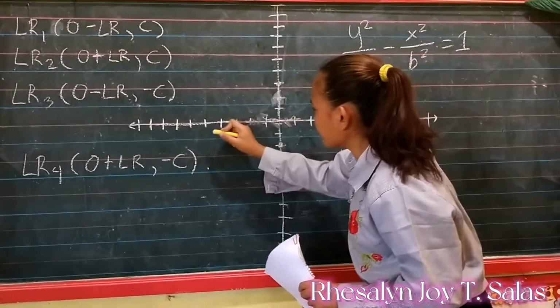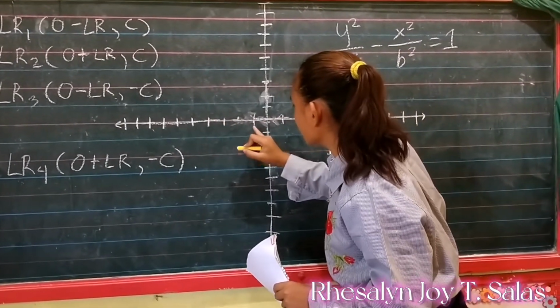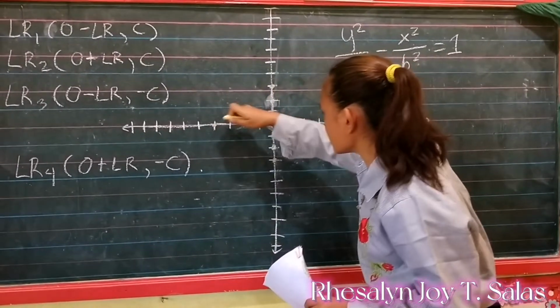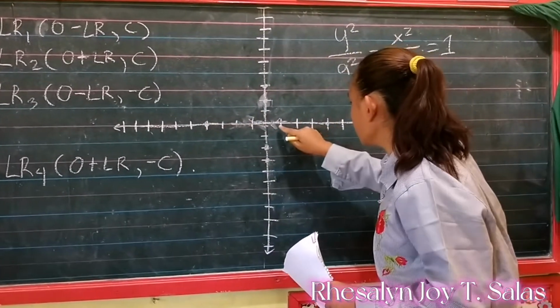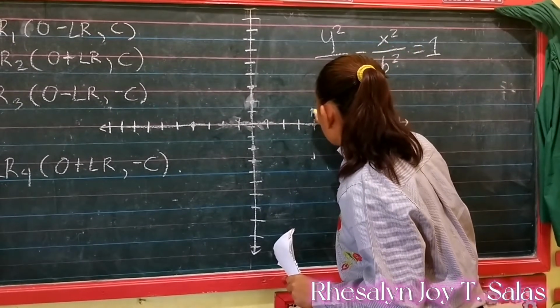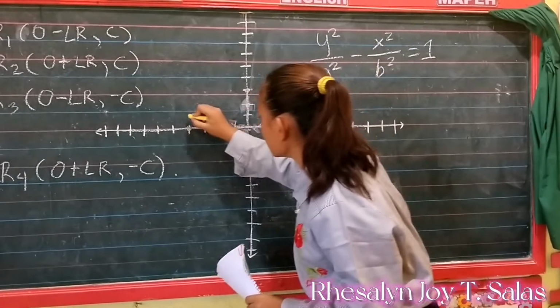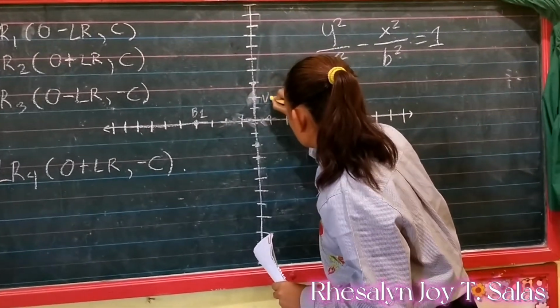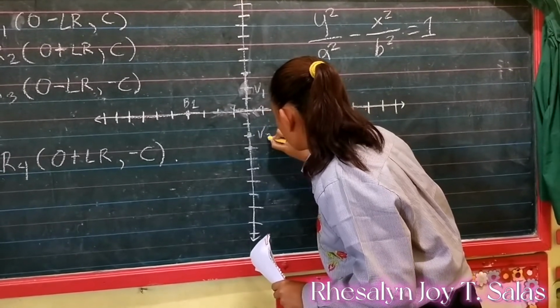Here we start from the left first. Then 1, 2, 3, 4, so 4 was given. It is mirrored, so here again 1, 2, 3, 4. This is B sub 2, here B sub 1. Then here V sub 1 or V sub 2.